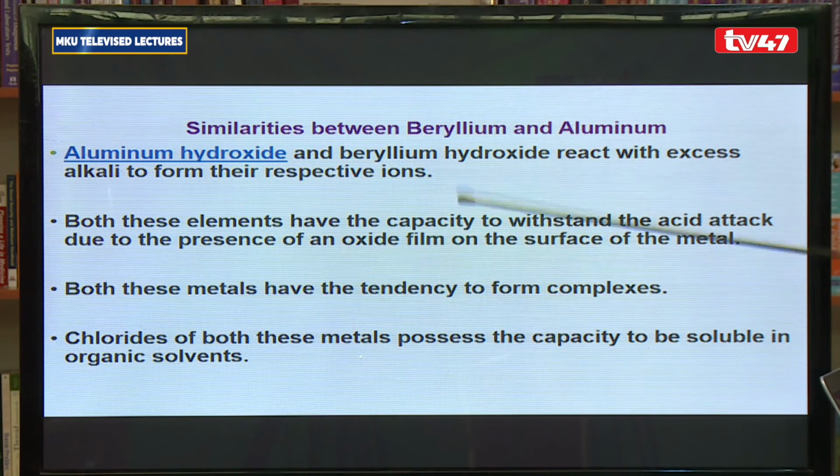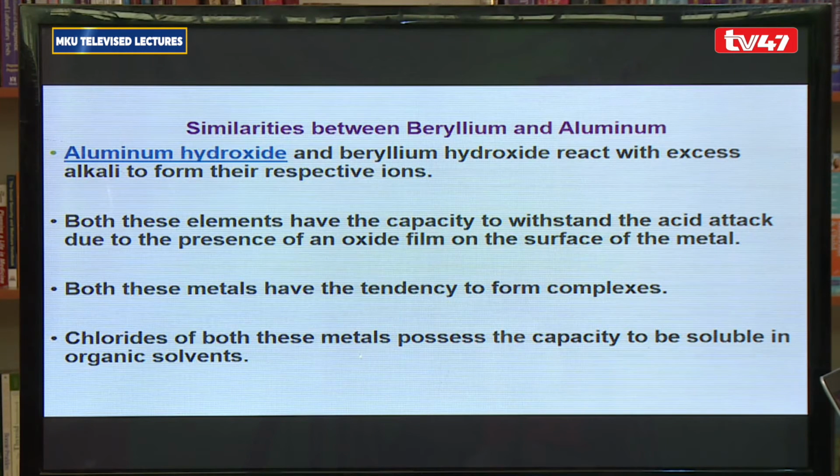Both the elements have the capacity to withstand acid attack due to the presence of an oxide film on the surface of the metal. So both metals form an oxide film, and so they are able to withstand acid attack. Both metals have a tendency to form complexes.